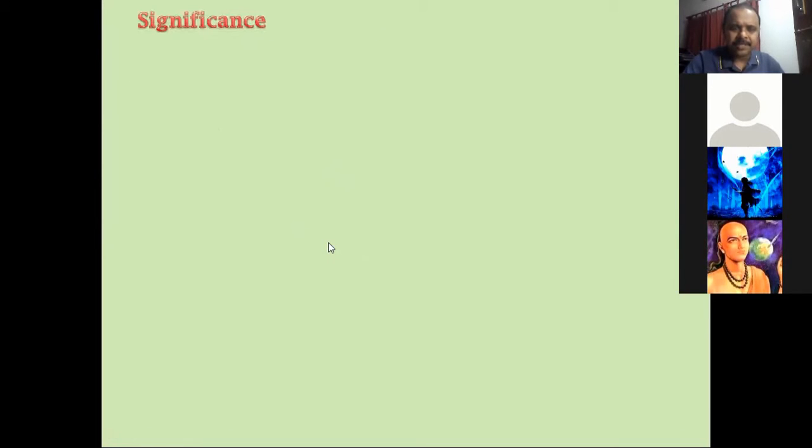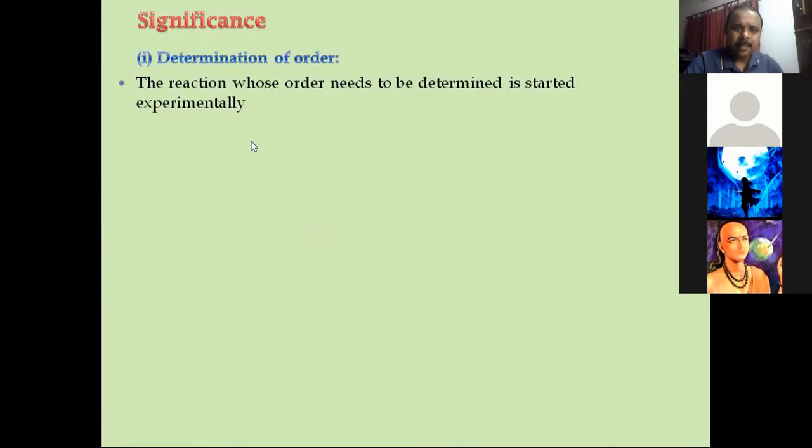Now, the significance of the first order integrated rate equation: determination of order. The reaction whose order needs to be determined is started experimentally. Look at this. By using the integrated rate equation for first order, you can determine the rate constant and thus the order.